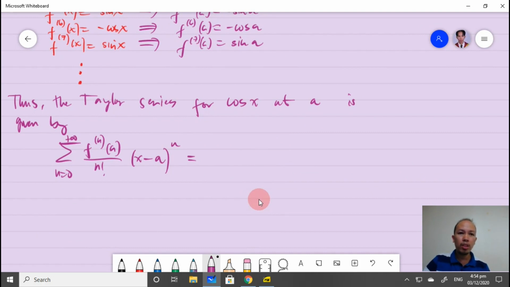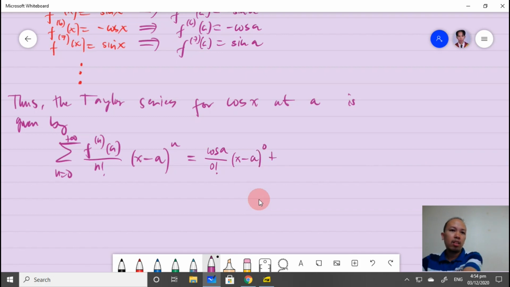So if we try to expand this, the first term is, for n equals 0, cosine a over 0 factorial times x minus a to the power of 0.